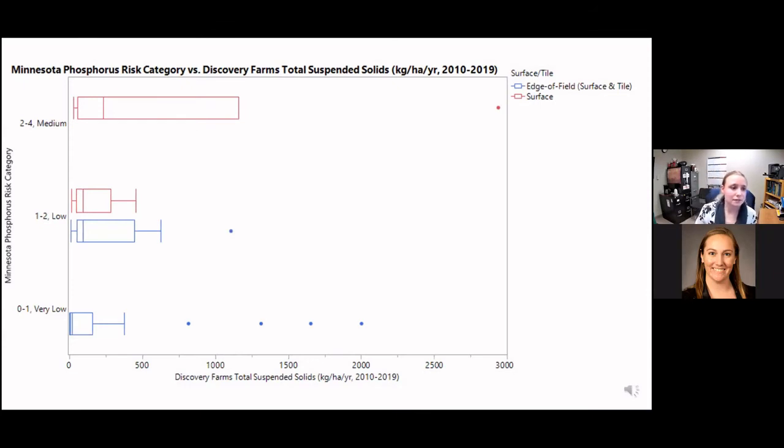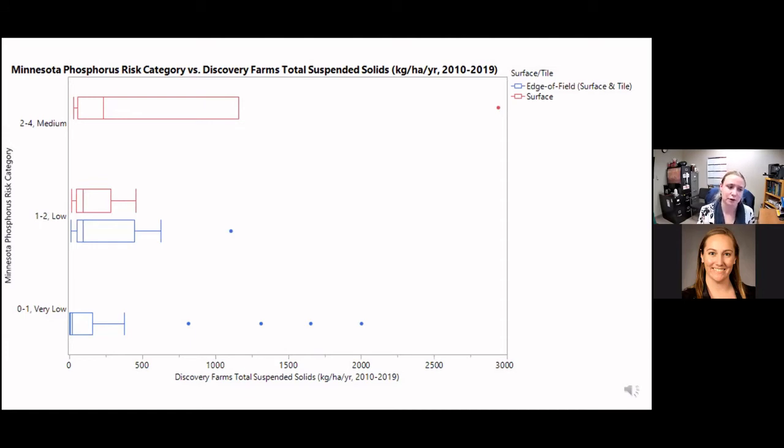And then we're looking here at total suspended solids from Discovery Farms data in kilograms per hectare per year, ranging from 0 to 3,000 across these roughly 10 years or so, 2010 to 2019. Graphed with the MNP risk index categories, we see that there is a general trend that looks to be what we would expect between each category.